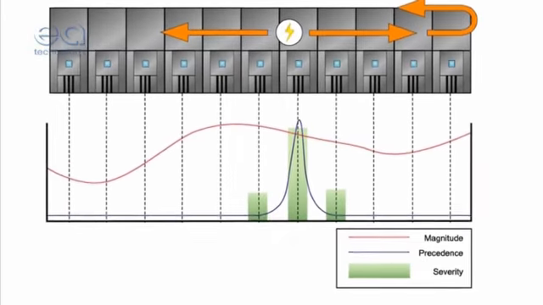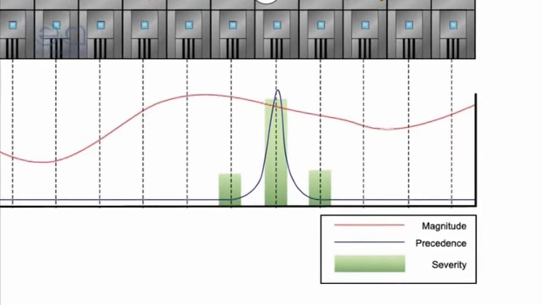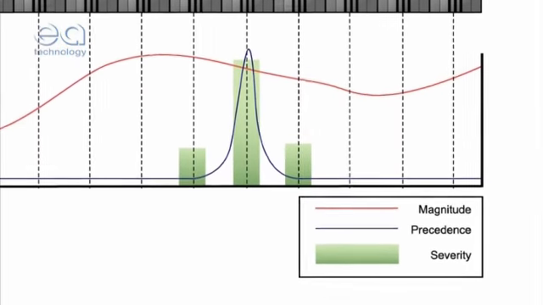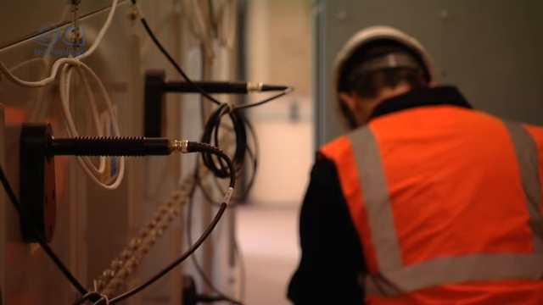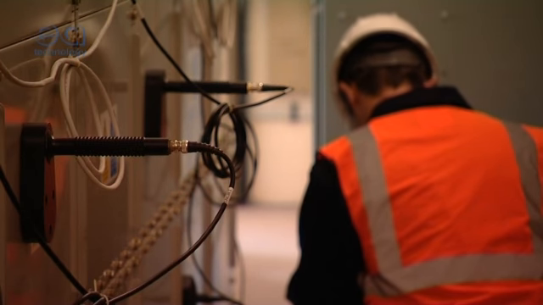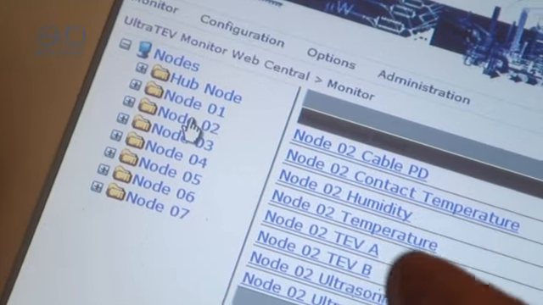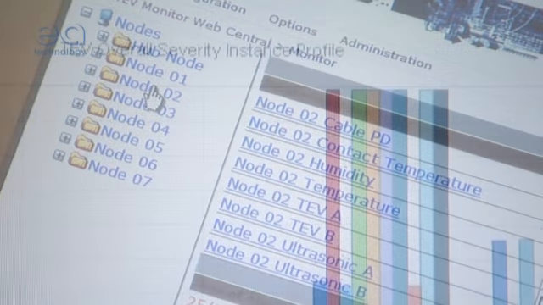The UltraTEV Monitor measures the severity and magnitude of PD activity by taking readings from multiple measurement points, all with precedence between them. It continuously measures PD activity non-intrusively. It uses time-of-flight measurement to locate PD activity to within 30 centimeters. It measures PD activity at up to 250 points simultaneously.